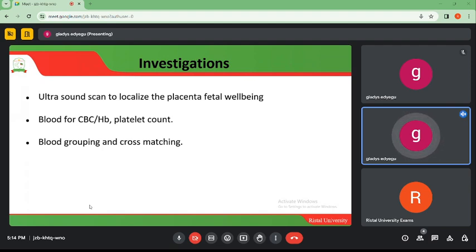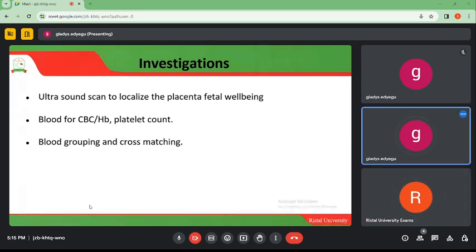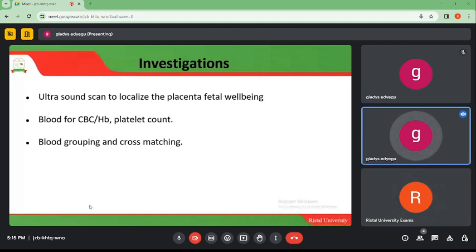Then blood grouping and cross matching has to be done, and because the mother has lost a lot of blood, we need to transfuse this mother, and of course you very well know you cannot start transfusing without knowing the blood group and cross matching the mother's blood.